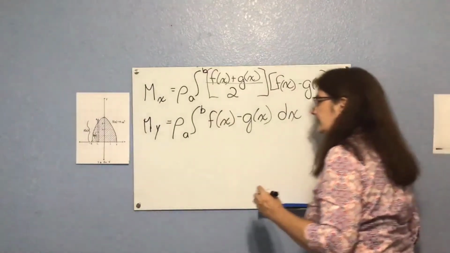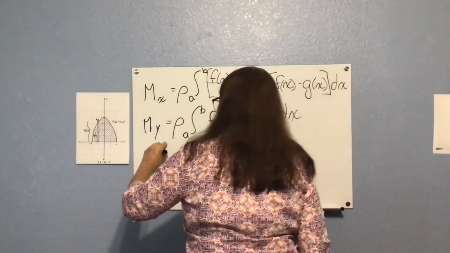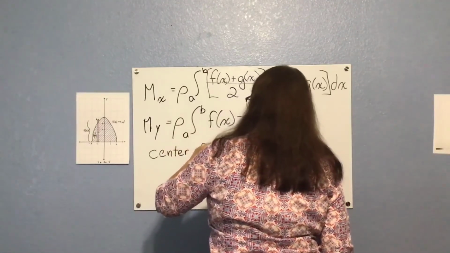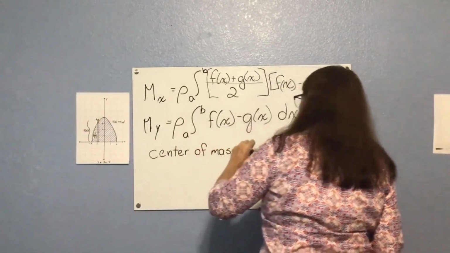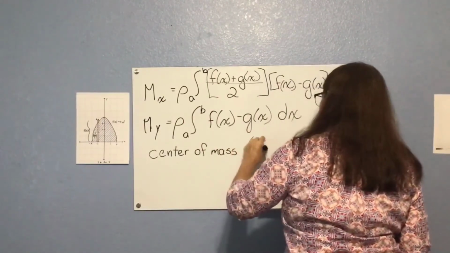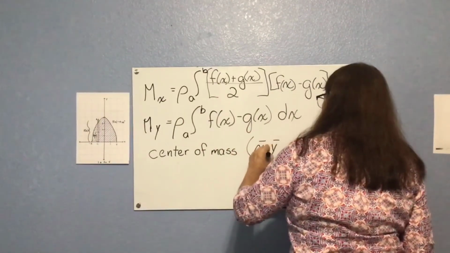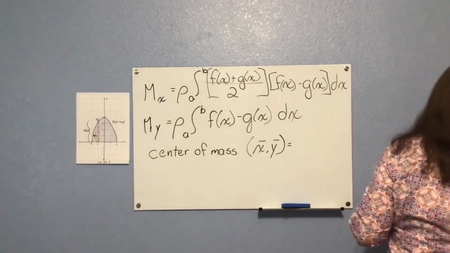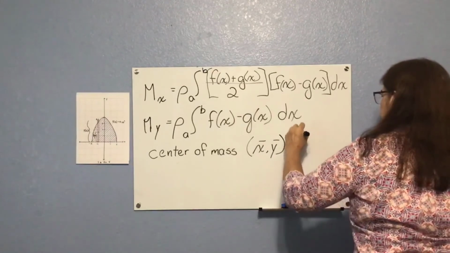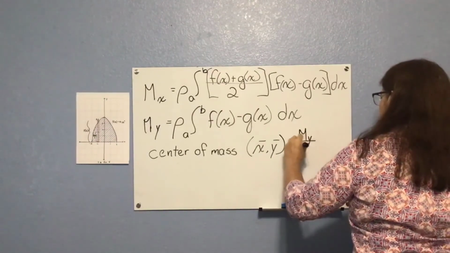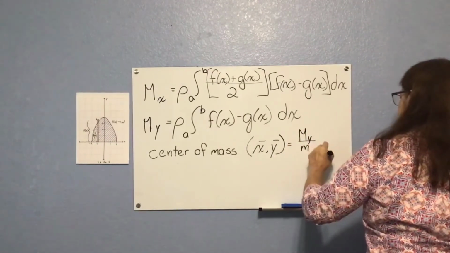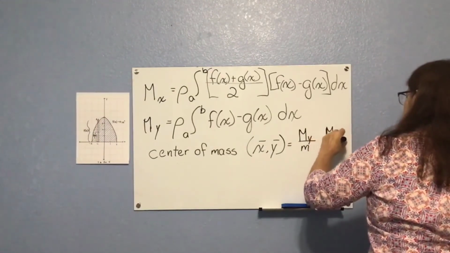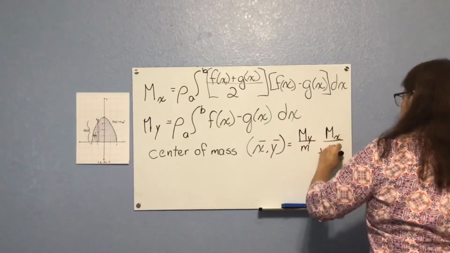Okay, if I want the center of mass, I would write that as x bar, y bar, and x bar would be moment about y divided by the total mass, and y bar would be m sub x divided by the total mass.